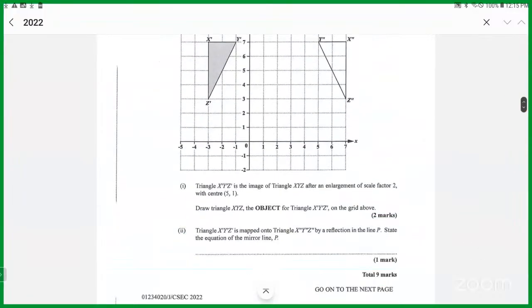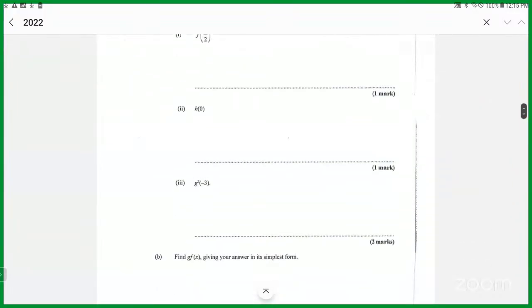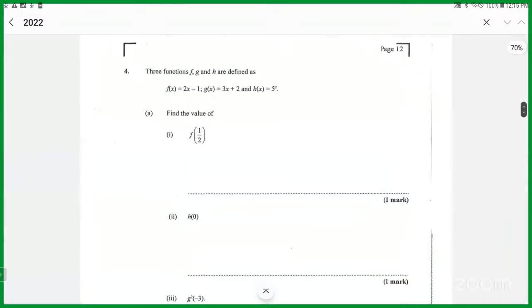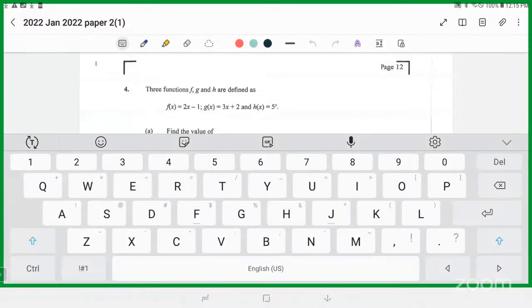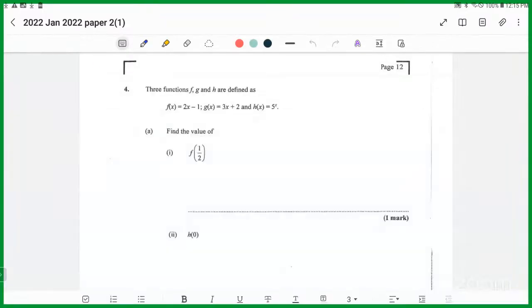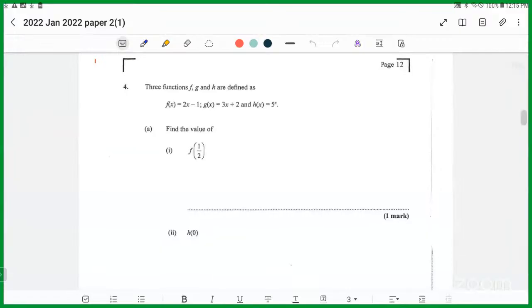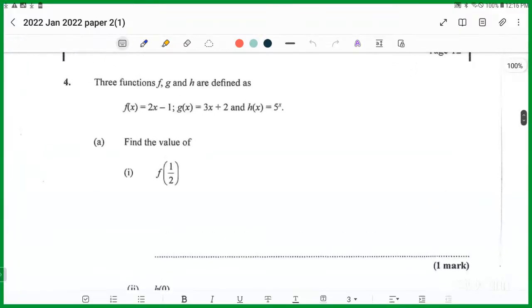I said all these questions we're skipping over, we will eventually do all of them. We will eventually practice and do all of them, more than once actually. Alright, so this question is similar to one that we have done so far today.